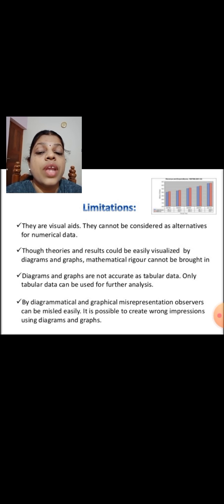Sometimes it can create wrong impressions using the diagrams and the graphs. But all such limitations won't be there in the tabular form. So these are the various limitations of the diagrammatic presentation of the data.